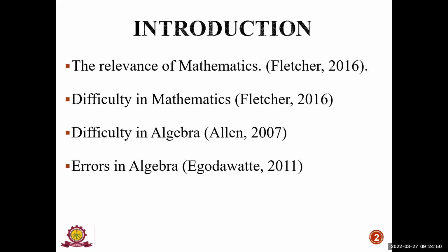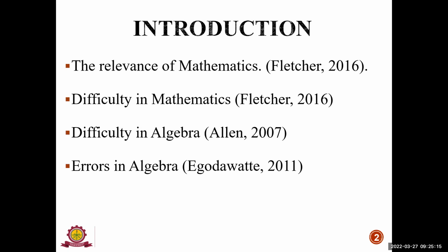The relevance of mathematics in Ghana can never be undermined, and this was confirmed by Fletcher 2016. In Ghana, as the first presenter said, failure in mathematics has a decisive influence on the choice of your tertiary education, which was also confirmed by Fletcher 2016.